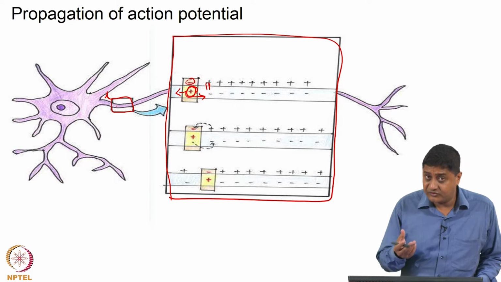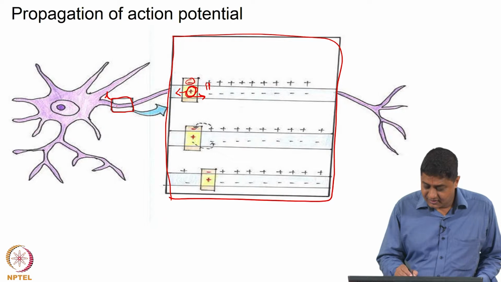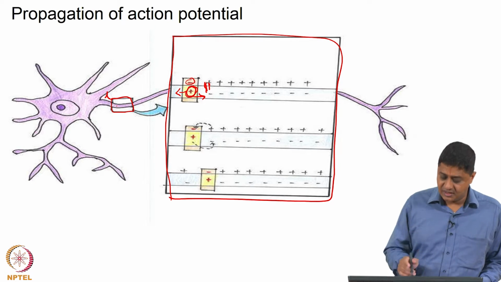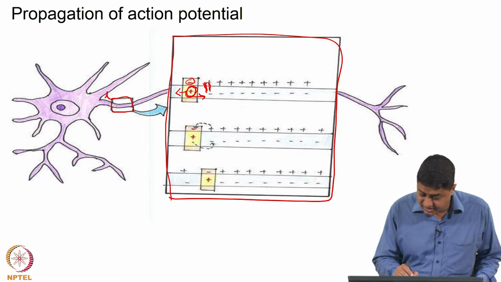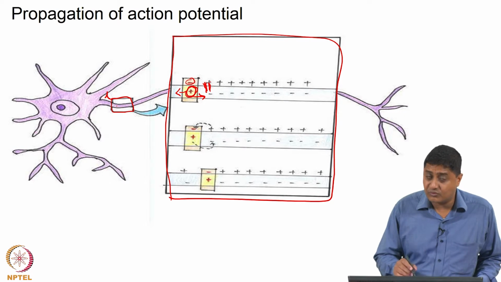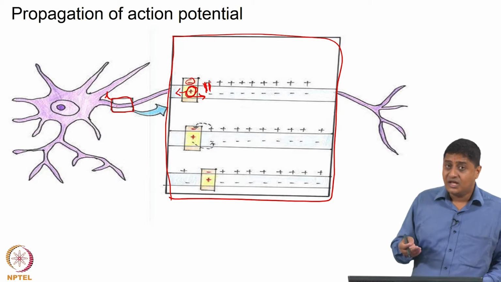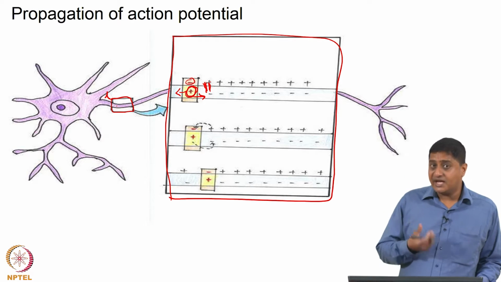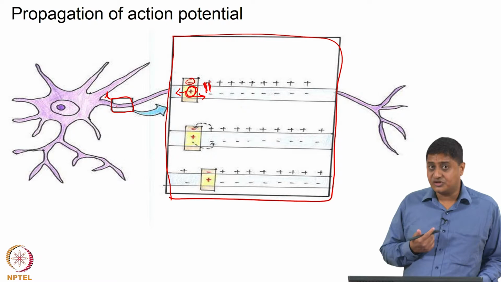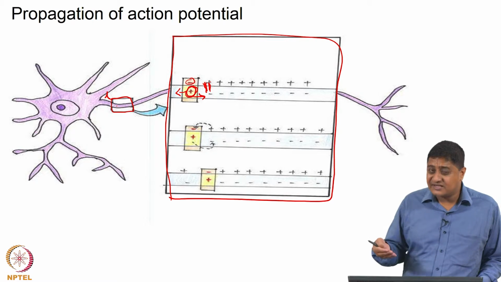If the amount of sodium that enters is sufficient to take this voltage gated sodium channel to threshold, which it usually does, then once it crosses threshold, what happens? The activation gate of this voltage gated sodium channel opens, and the inactivation gate is trying to close.